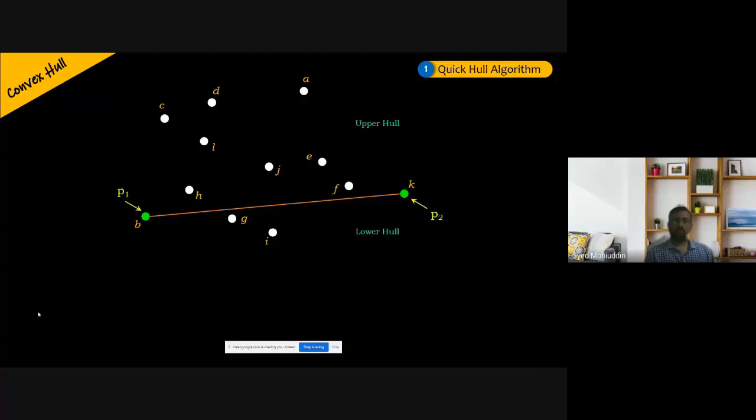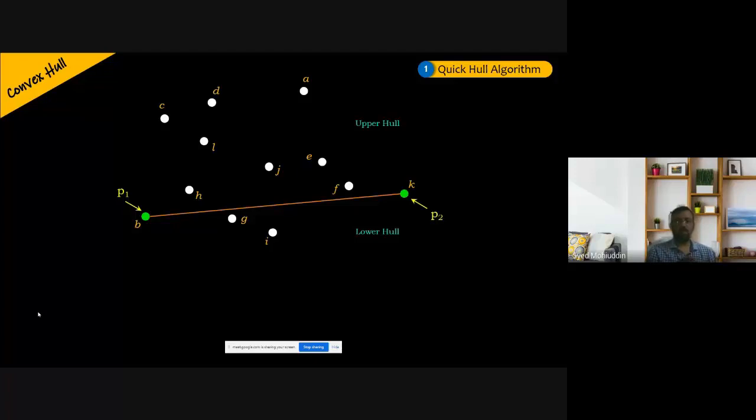Sometimes it is also called the right hull and left hull. So upper hull is considered the left hull, and lower hull is considered the right hull. Now this word hull comes from convex hull. When we divide into upper hull and lower hull, every time we will be taking 2 points and dividing. So let us look at how this is solved.